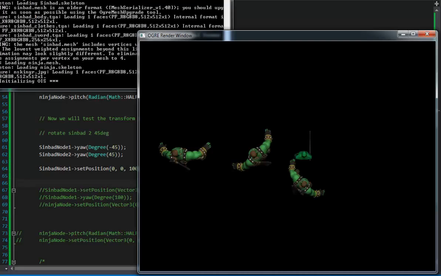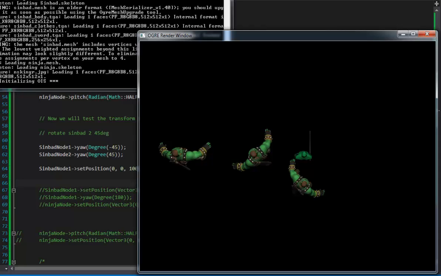And so here you see the z-axis of the parent of the Sinbad is the axis that goes through the ninja. Kind of like we're looking from the top of the ninja node. So its z-axis is its forward direction, basically the direction of the sword.